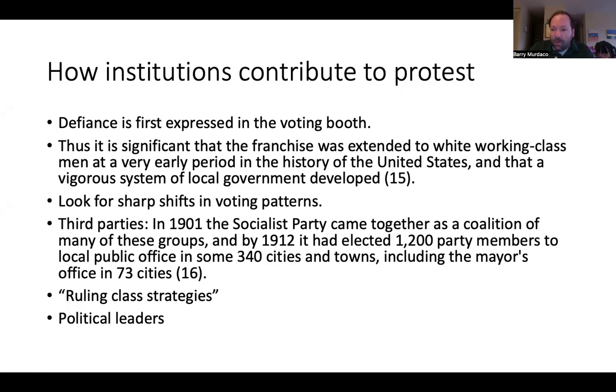We often break elections down into different social demographic groups: their age, their race, their ethnicity, their gender, their occupation, their income level, all these other things. And maybe we could talk about that in a future class. We haven't talked about that so much so far. But they're saying, when you see a large shift, that can be an indication that people are starting to lose their faith in the political process.